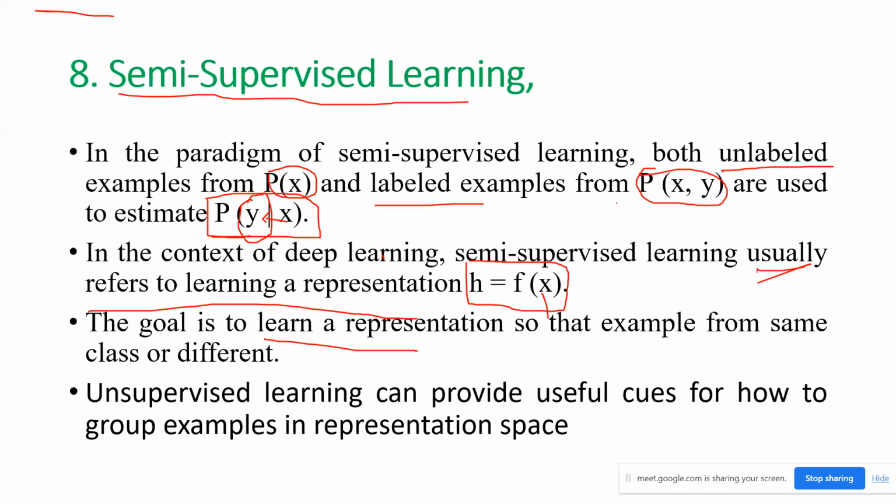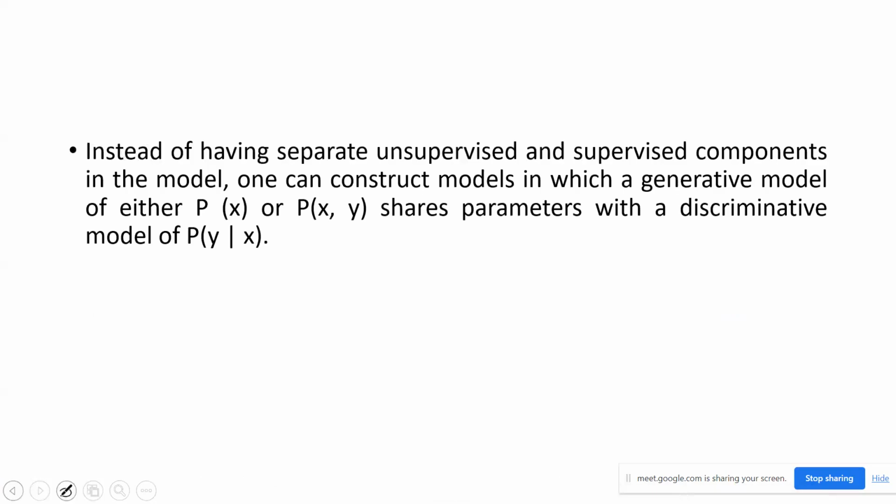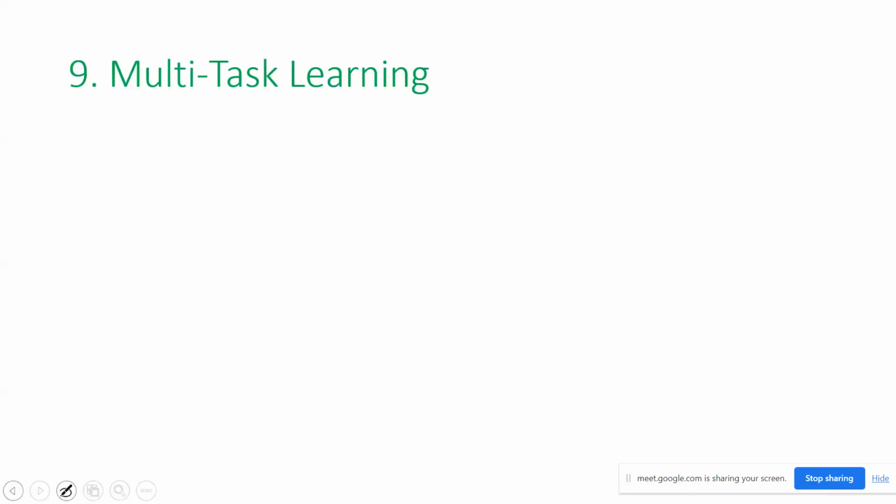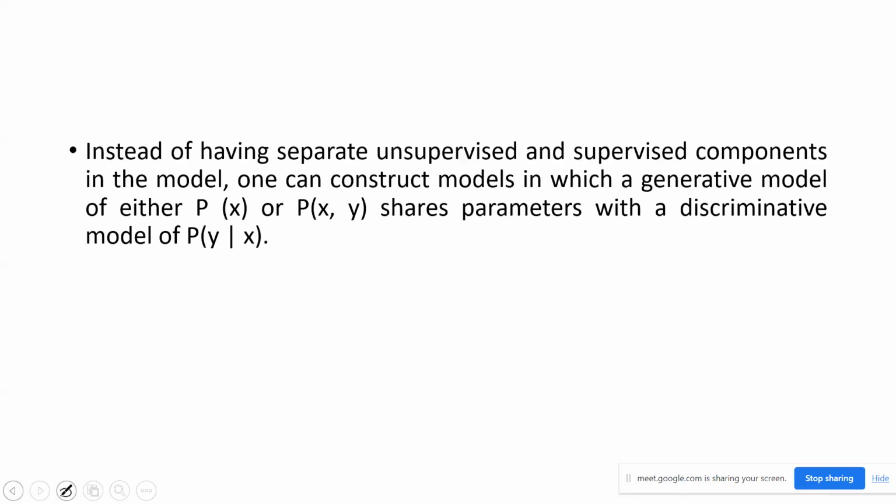Unsupervised learning can provide useful clues for how to group examples in representation space. So grouping is done, which is similar to unsupervised learning clustering. The clustering is done very easily. The same thing is implemented in unsupervised learning. This is the major thing we are implementing here in semi-supervised learning.